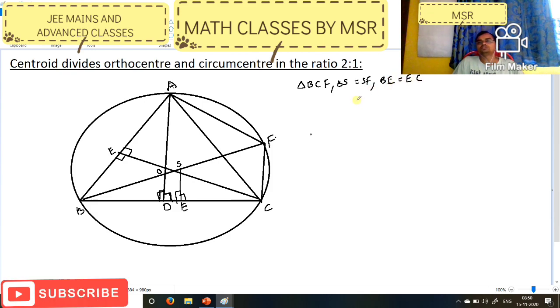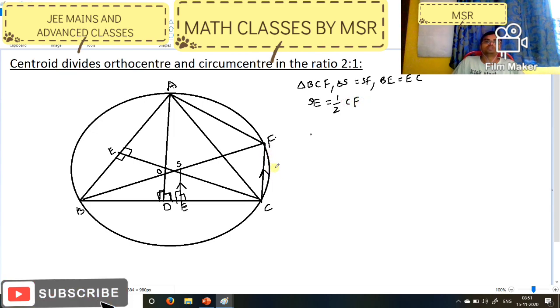Now by the midpoint theorem, the line segment joining the midpoints of any two sides is parallel to the third side and half of the third side. That means by the midpoint theorem we can say that SE is half of CF.